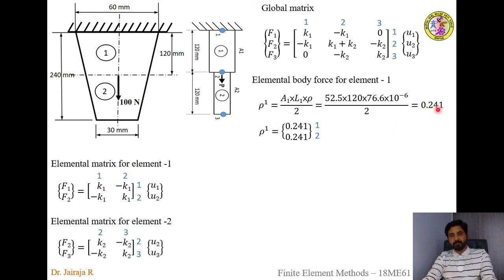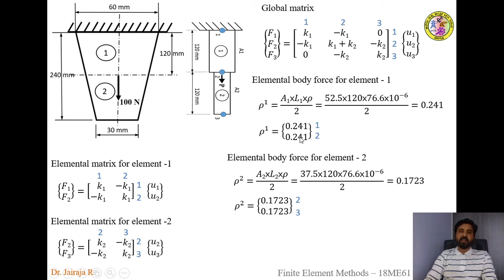So this is the body force for the entire element 1. Since element 1 is formed between node 1 and node 2, it is written like this: body force 1 is 0.241 acting at node 1, and 0.241 body force acting at node 2.